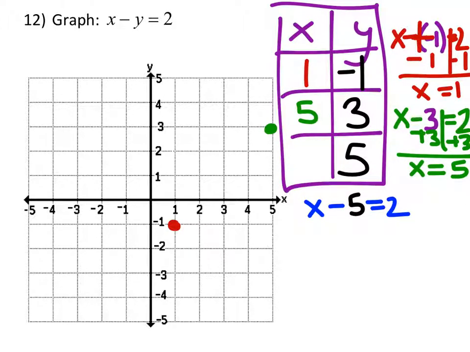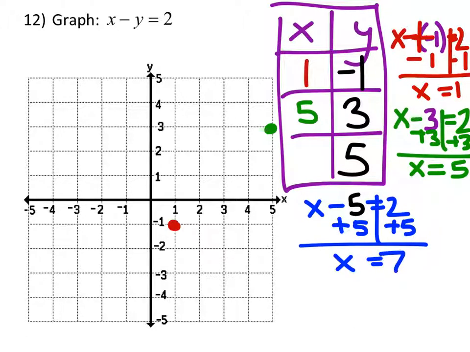We can solve that by adding 5 to both sides, unfortunately. That gives us X is 7. So 7, 5, that's a little bit off the chart up here, right? I mean, it would be maybe somewhere in this area. Now, it does go along with the pattern. Unfortunately, though, it's just not on the graph. So we should choose another value on this.